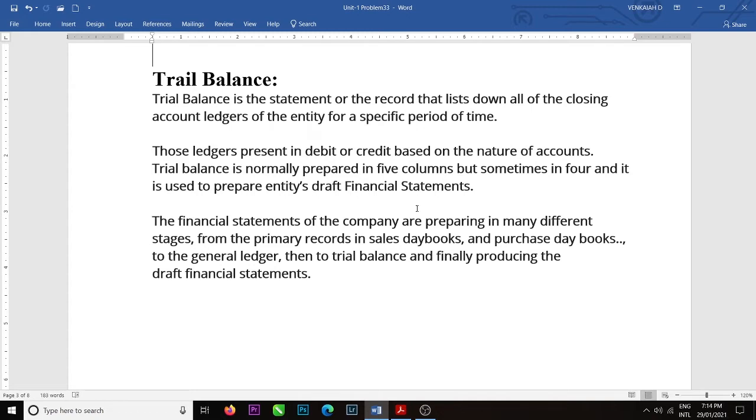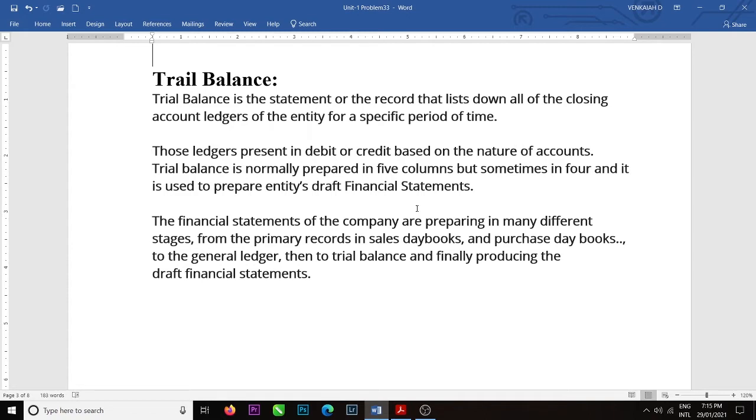Whether there are 200, 100, or 12 ledgers, all the ledger balances we list down, and in debits and credits we total them. At any cost it has to tally, because we are following the double entry system where debit amount is equal to credit amount.